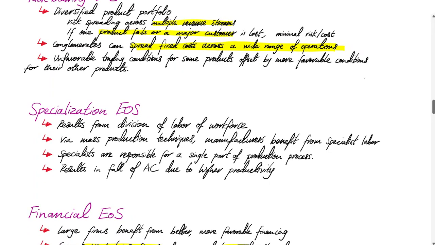Specialization, I think I just skipped over. Division of labor in the workforce. So if we're doing something like advanced manufacturing, smart manufacturing, and we need specialist labor, not unskilled, then we're having them work in different sections, doing their own thing, specializing in that.